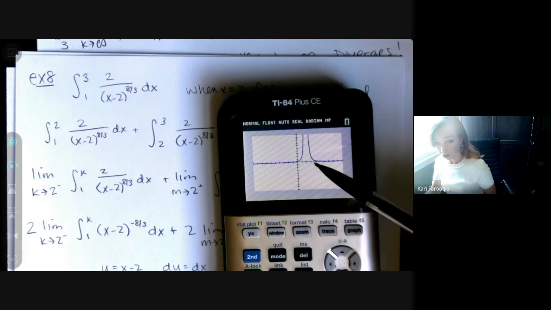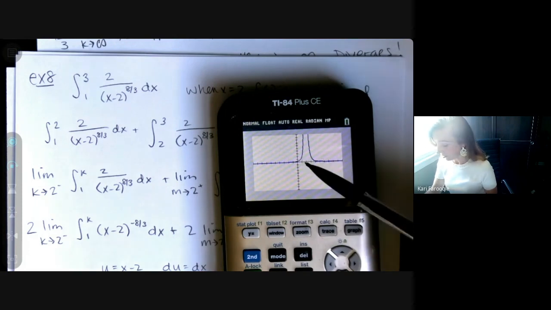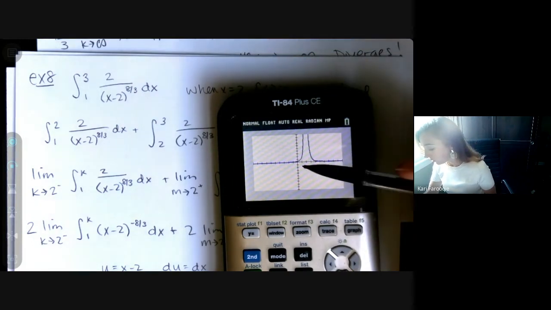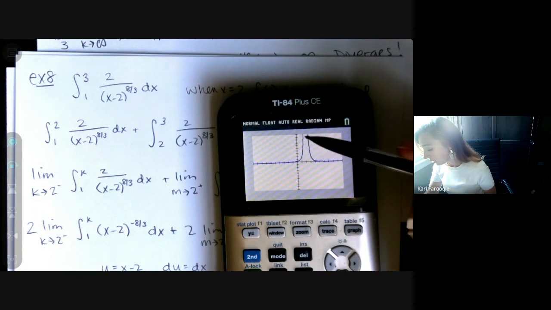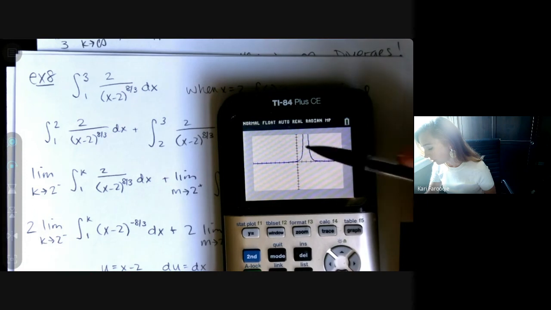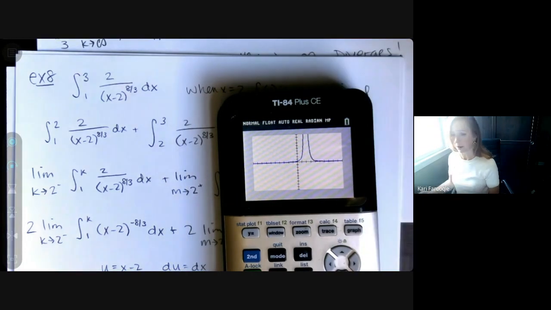And hopefully just being able to eyeball this and seeing what's happening with the graph, it's going to be clear to you that there's no way you're going to be able to find the area under the curve. Because at 2, this piece goes all the way up, and there's a lot of open space there. And same as what's happening over here on the right of that split.